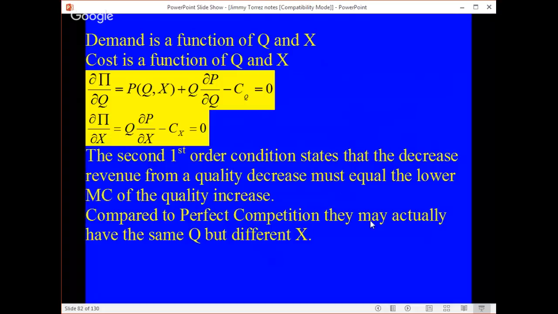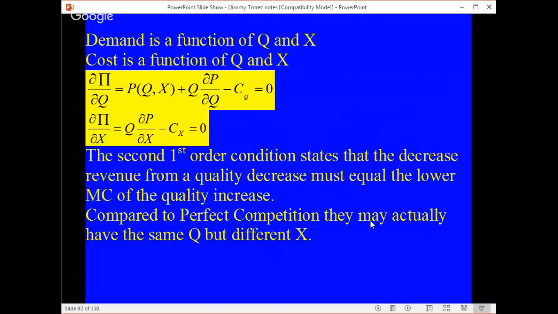It was a function of Q and X. So I have two pieces. By the product rule, I have P times Q.